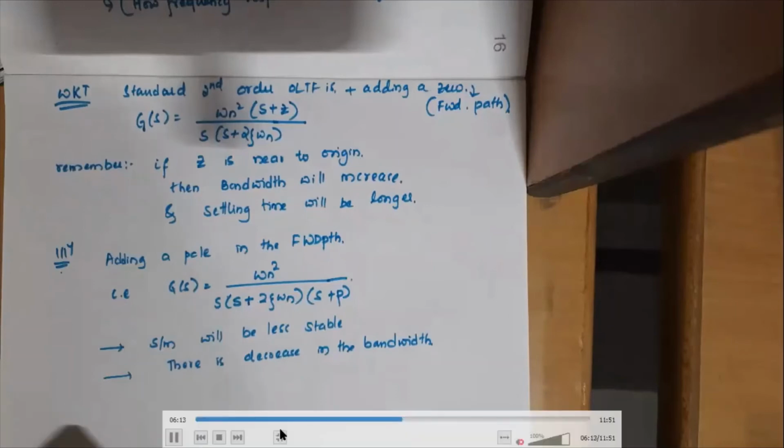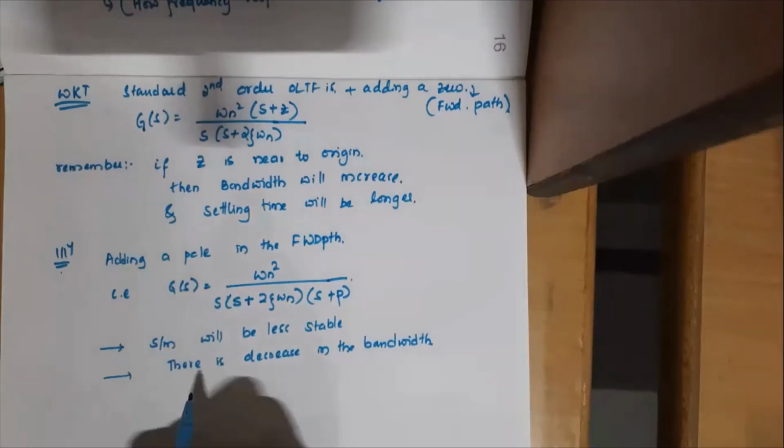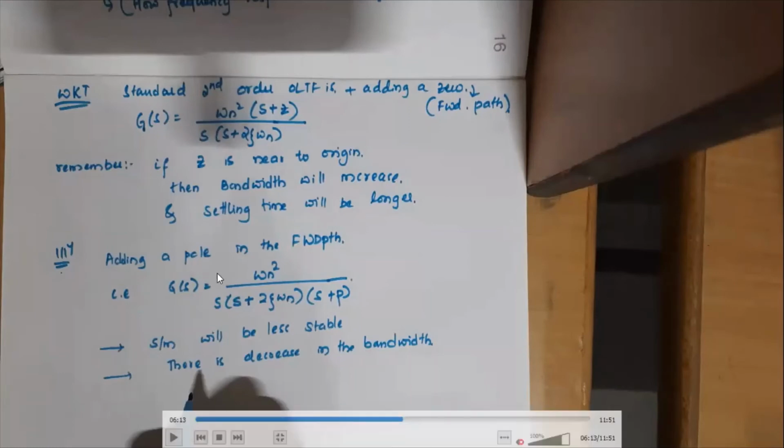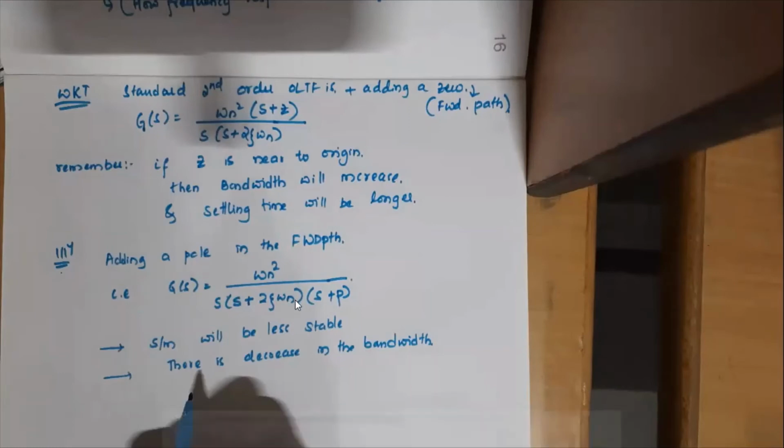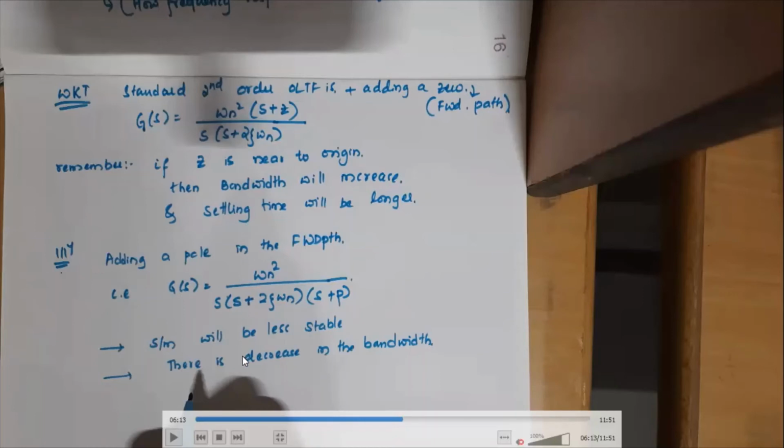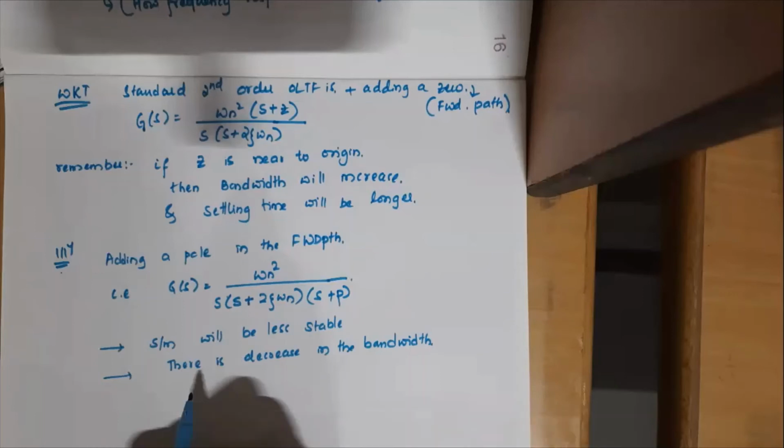I will read out the effect once again. Adding a zero will increase the bandwidth, but adding a zero at origin or near the origin will increase the settling time. Similarly, adding a pole in the forward path will make the system less stable, and there will be a decrease in the bandwidth. For all these points, there exists a mathematical proof, and it is irrelevant to discuss now. Actually, this point is only for knowledge purposes.